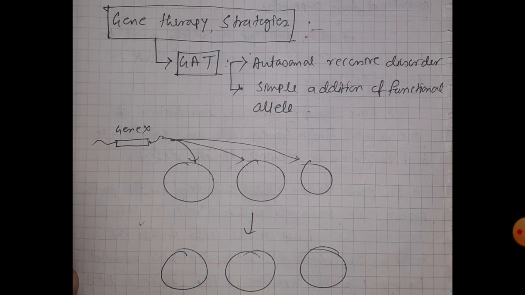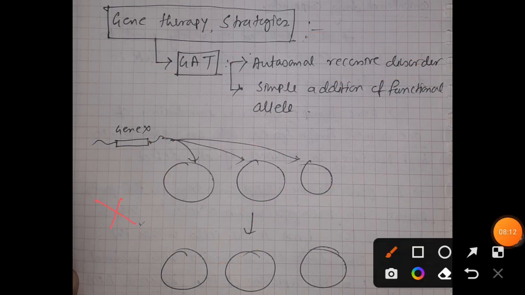Because in case of, let's say, females, if you replace one here, X^R is the diseased allele and small x is the normal allele. If you still replace one X, there is still one X^R present.